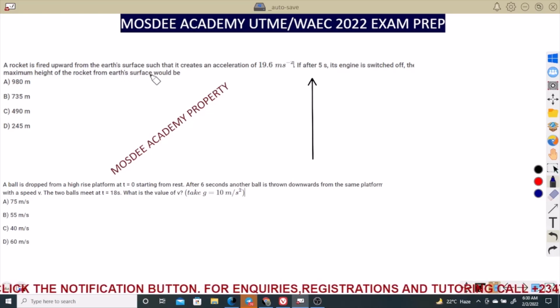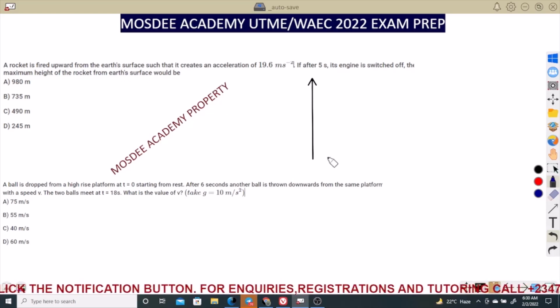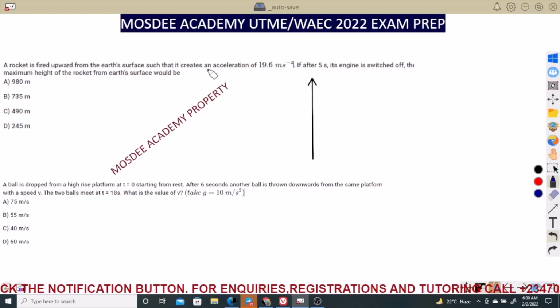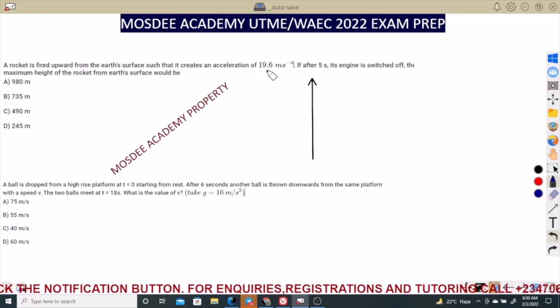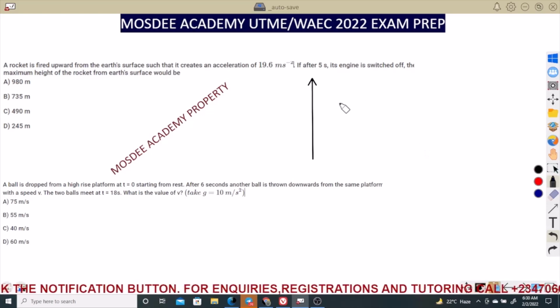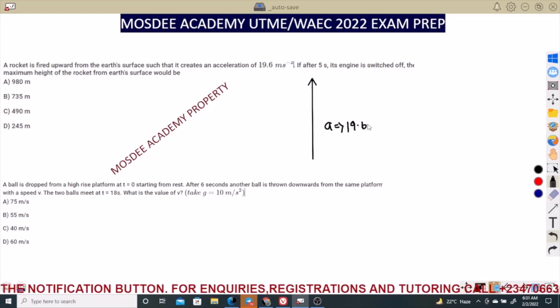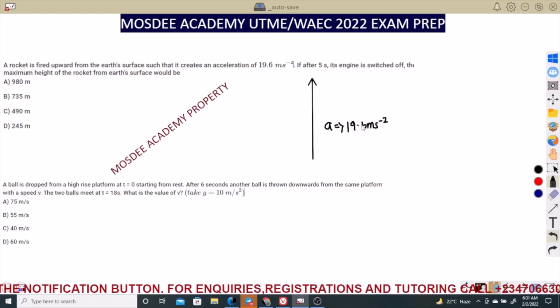Now, the rocket is fired from the Earth's surface. There is the Earth. Gravity will always act, as we've talked about, such that it creates an acceleration of, let's just put a parameter, the body will be moving with a constant acceleration. The acceleration is 19.6 meters per second squared.